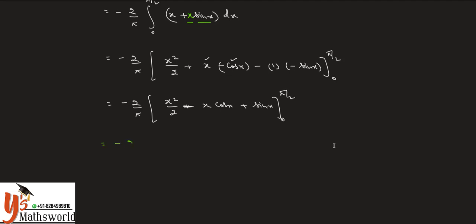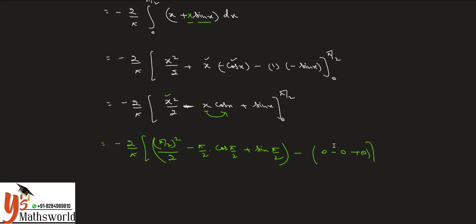Now upper limit minus lower limit, so pi by 2 whole square by 2 minus pi by 2 into cos of pi by 2 plus sine of pi by 2, minus lower limit 0. The 0 over here is 0. 0 into something will be 0, and sine 0 is 0.